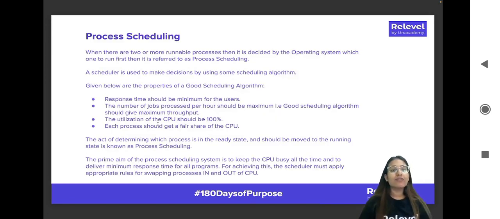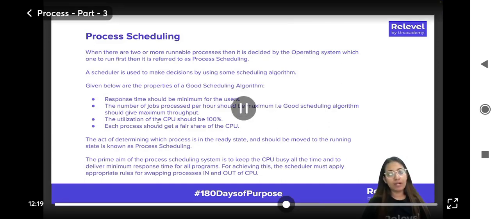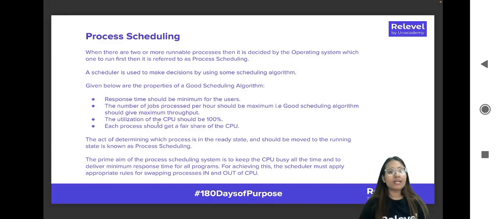Now, the last thing that we will talk about is process scheduling. Like I told you in the very start, you do have multiple processes which want to be executed because you want to do a lot of tasks in parallel.